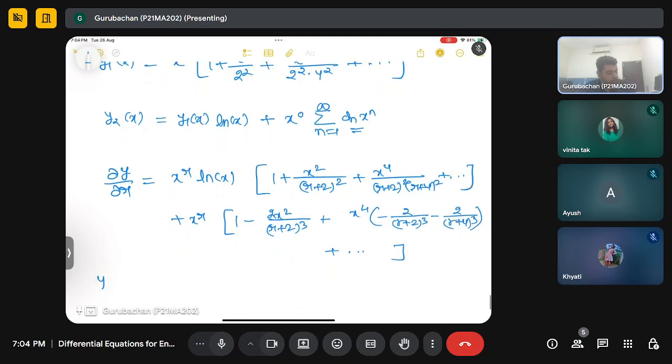To find y2(x), this will be the partial derivative of y1(x, r) with respect to r, where you put r as 0.